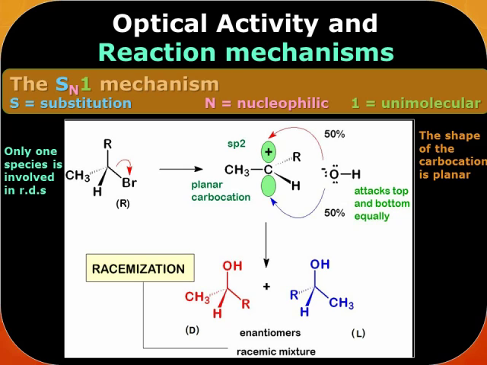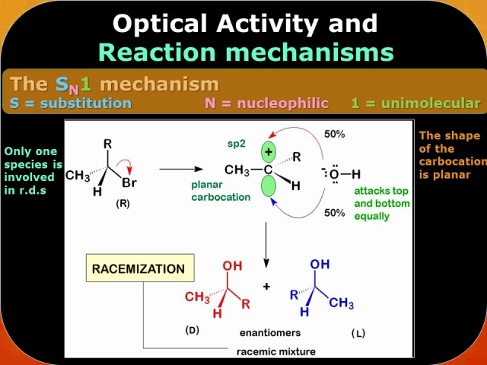So we call them D and L enantiomers, and both form in equal amounts, because the attack also happens in equal amounts, like 50%, 50%. Due to the two different ways of attack by the nucleophile, you will have two products in equal amounts.